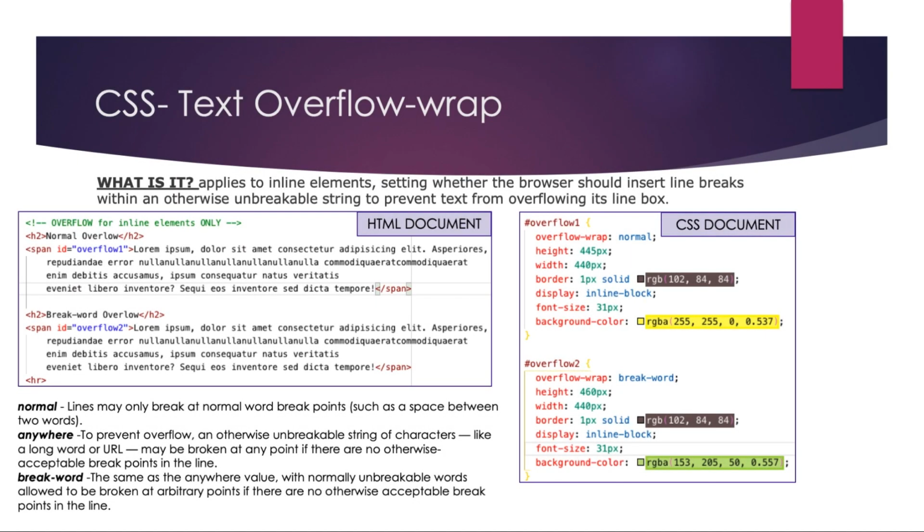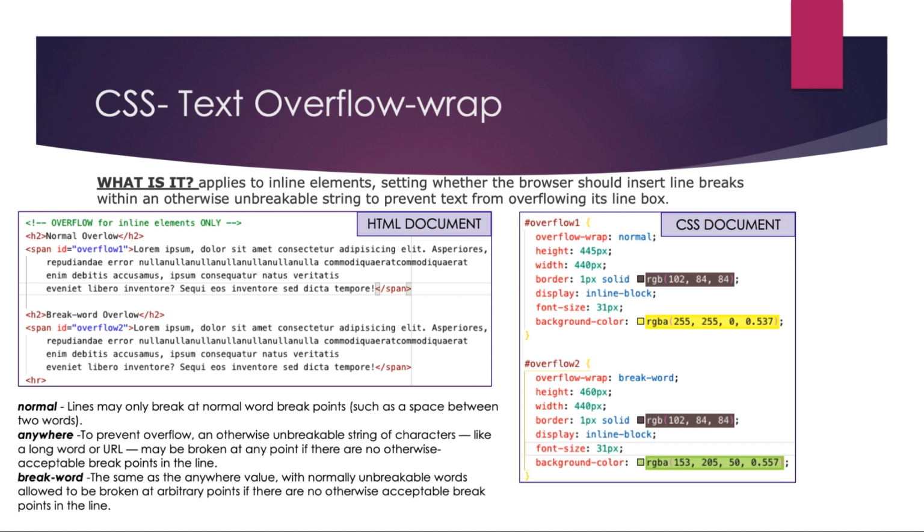So before we get into our next property for text, let's talk about the difference between inline elements and block elements. The major difference is that for inline elements, a line break after the element is not there.